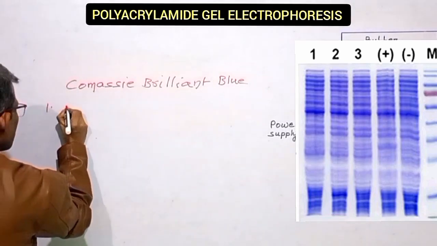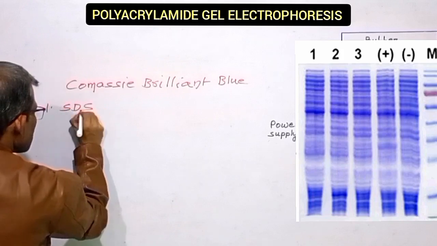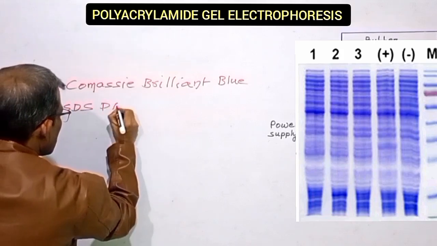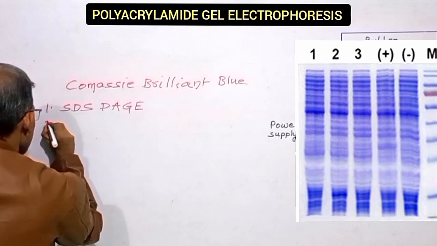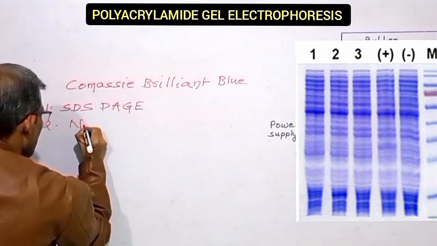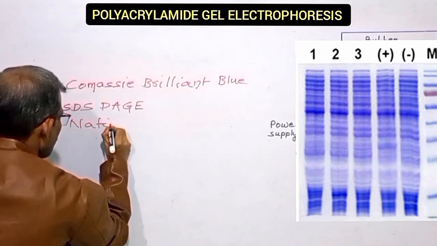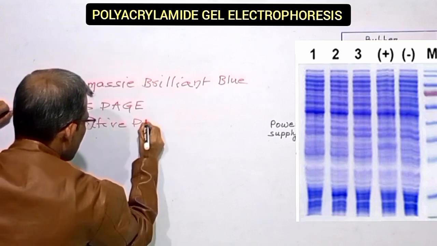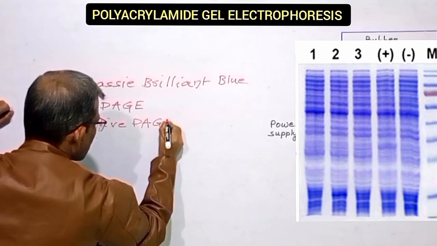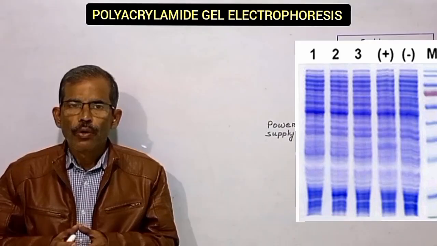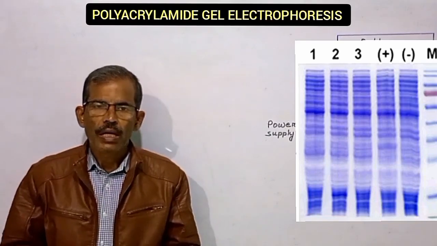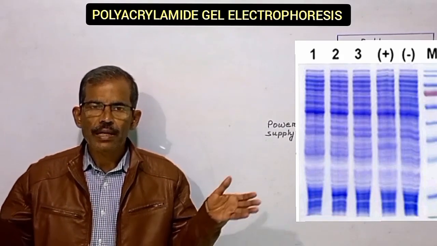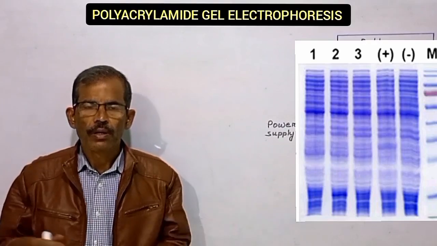The first one is sodium dodecyl sulfate polyacrylamide gel electrophoresis, and the second one is native polyacrylamide gel electrophoresis. We will have a separate discussion on SDS-PAGE and native PAGE later on.